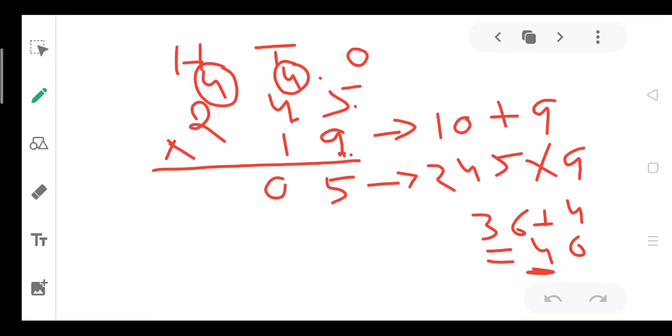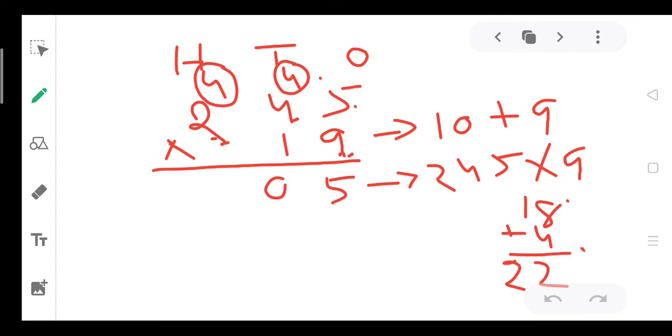Now read the table of 9 up to 2s are, because now 9 we have to multiply by 100 place digit. So 9 2s are 18, plus 4 was already as a carry, so answer is 22. 100 place we will write 2 and this 2 goes on 1000 place.